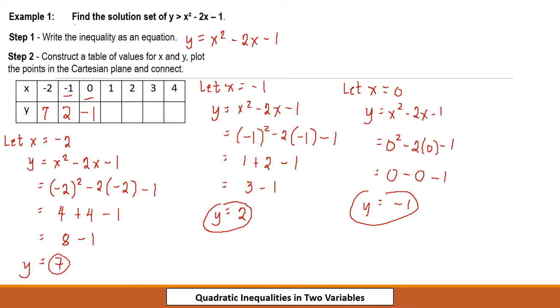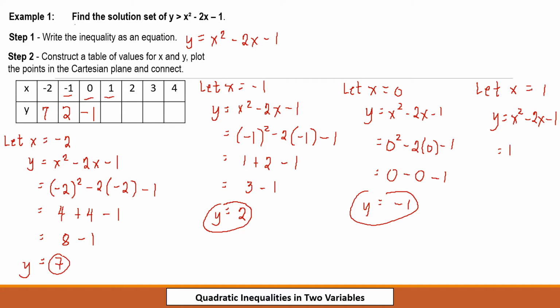Next, x is equal to 1. Let x be equal to 1. Substitute 1 as a value of x in the equation y is equal to x squared minus 2x minus 1.